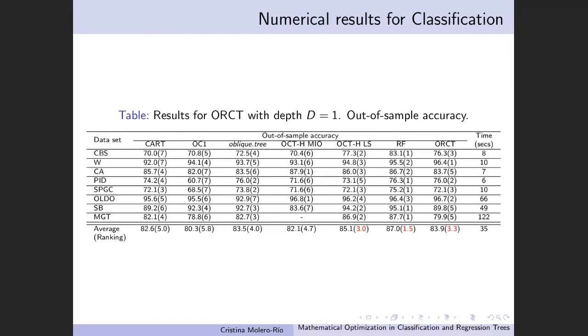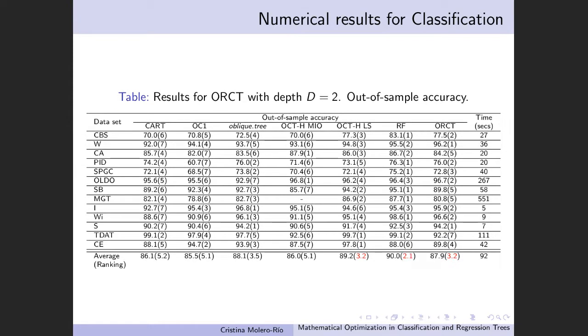Regarding your question, you can see the average of CART, which is 82.6, and ours, which is 83.9. When we go to depth 2, we also have a difference in accuracy, and in depth 3 we have up to 2%.